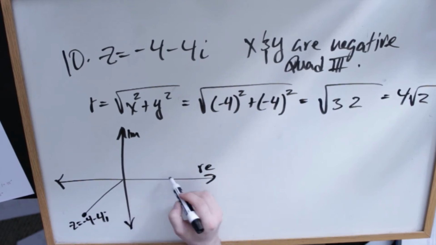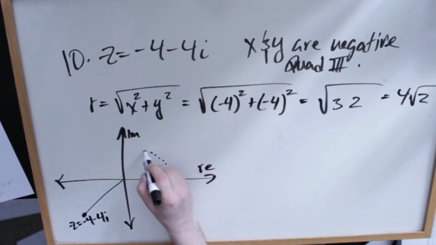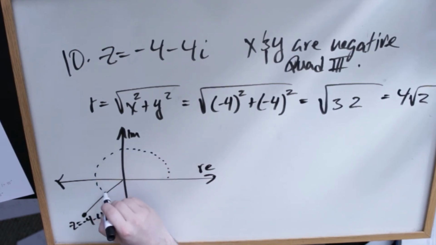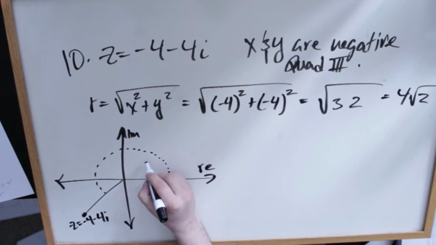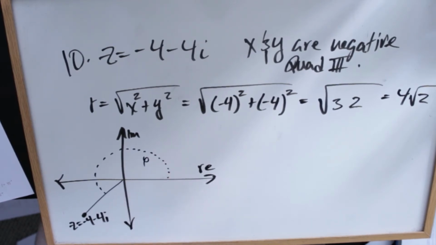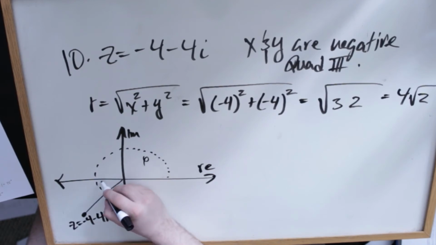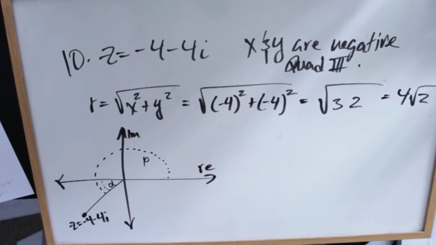And the angle that we are looking at, which is our phi, is going to be this right here, all the way around. So this is phi. And what we need is the reference angle, and I'll just call it alpha. Now in the textbook they talk a little bit about this. To find the reference angle, you have to use the inverse tangent.